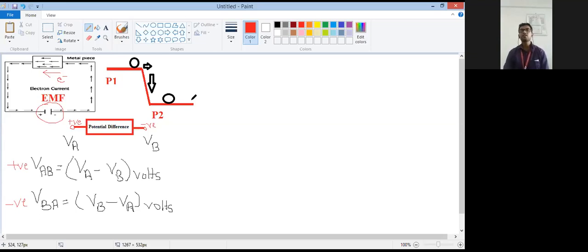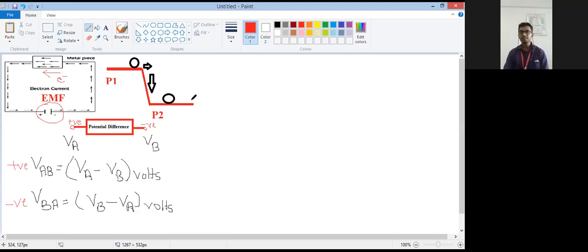So when many electrons move, some charge moves from one point to another. When EMF is applied, electrons flow from the negative terminal to the positive.